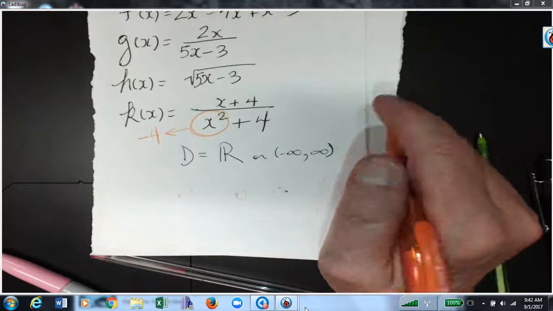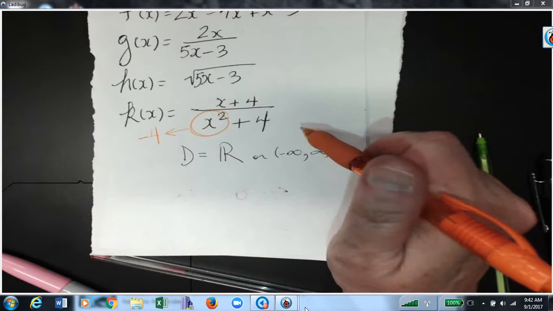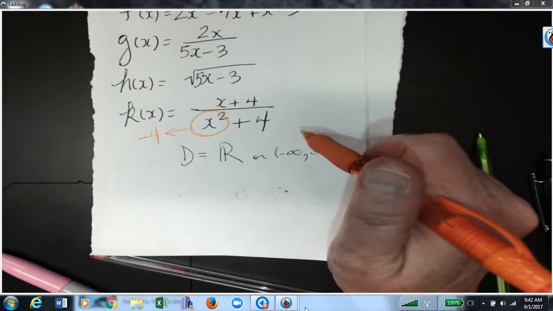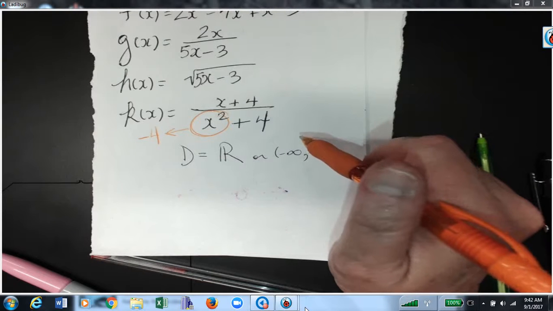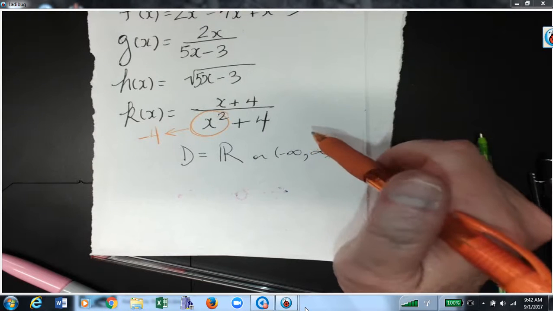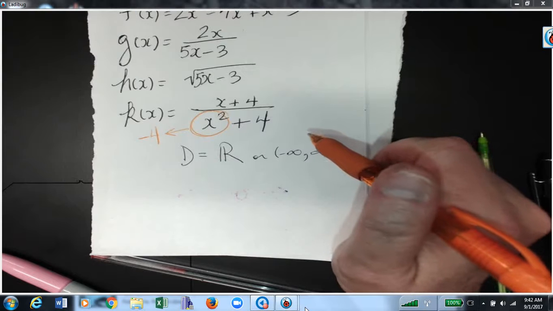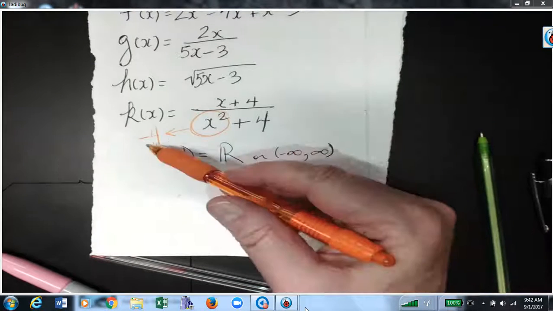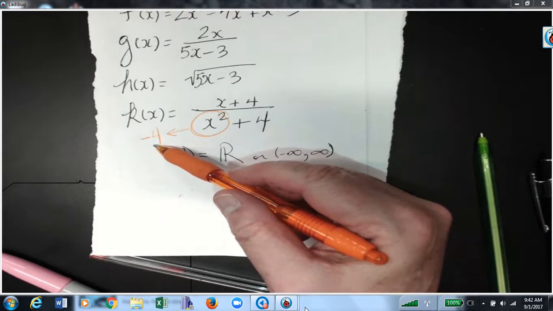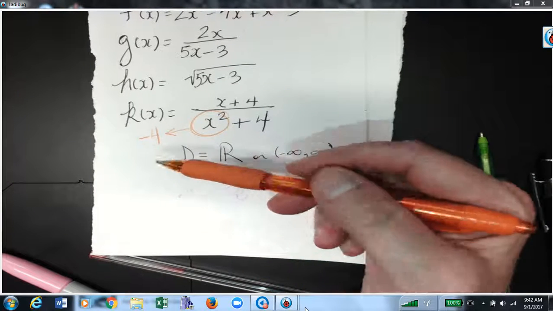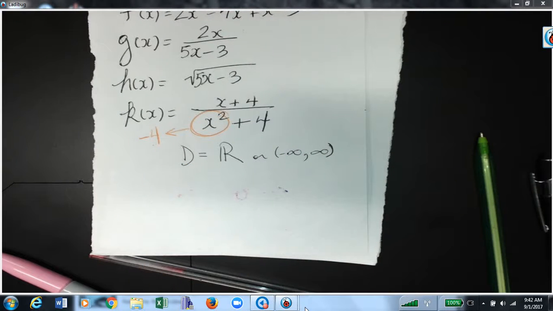That's the only way this denominator can equal 0. Does everyone see that? Okay, so the only place we get in trouble is if the denominator is 0. The only way the denominator will equal 0 is if x squared is -4. But in the real number system, will that ever happen?